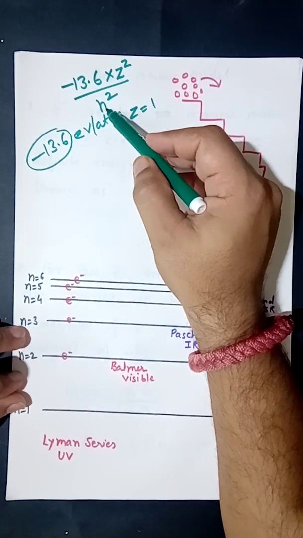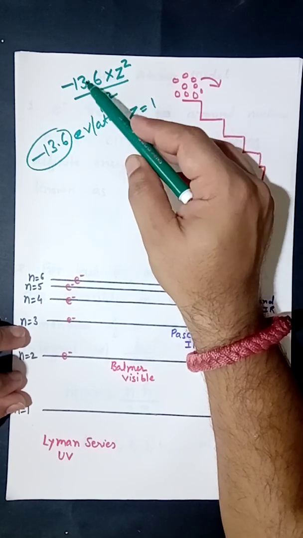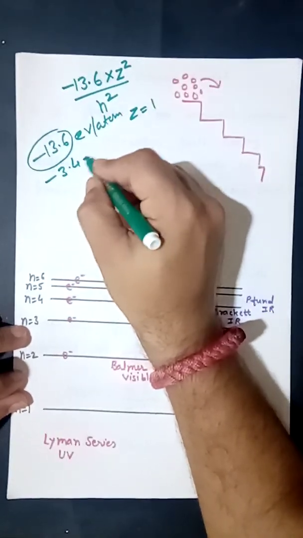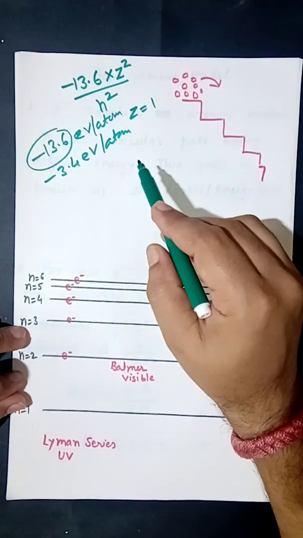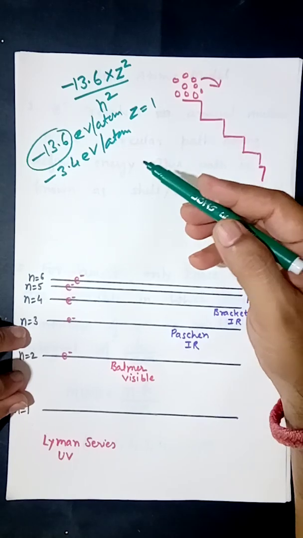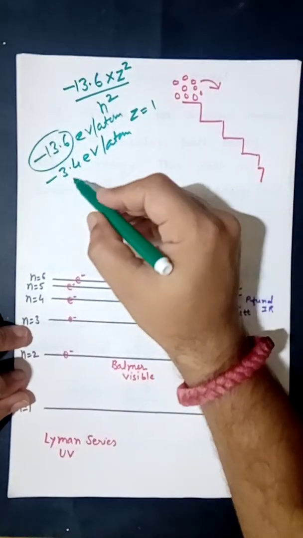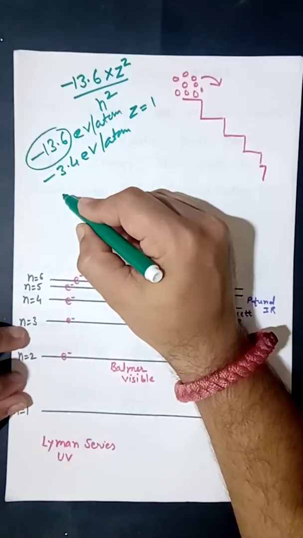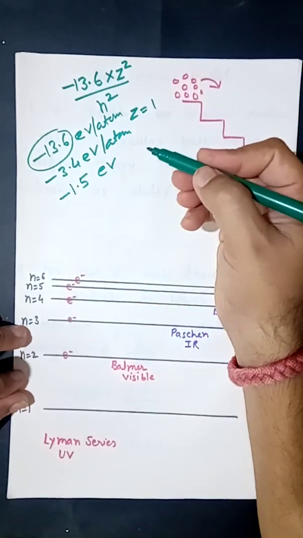Earlier we took 1 because of the first shell, now it is 2. 2 square will be 4. 13.6 divided by 4, the answer will be minus 3.4 electron volt per atom. So in this way you can calculate the energy of the electron in the first shell, second shell, third shell, up to infinite shell. For the third shell we will divide 13.6 by 9, and therefore the answer will be about minus 1.5 electron volt.